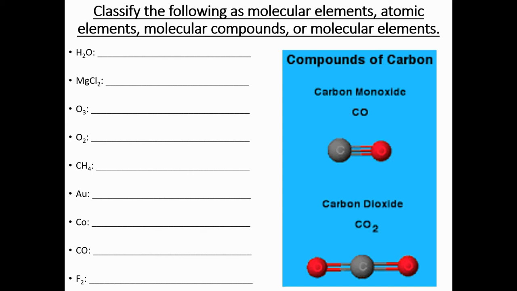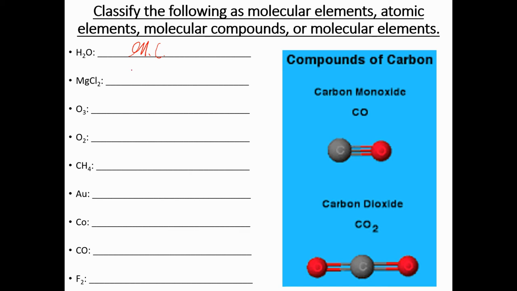Again, you can do the same type of practice here. So you can pause the video and then retry this for yourself. You have to classify these as atomic elements, molecular elements, or molecular compounds. So H2O, two different elements, two different nonmetals specifically, so it's a molecular compound. MgCl2, this would actually not fall under any of these.